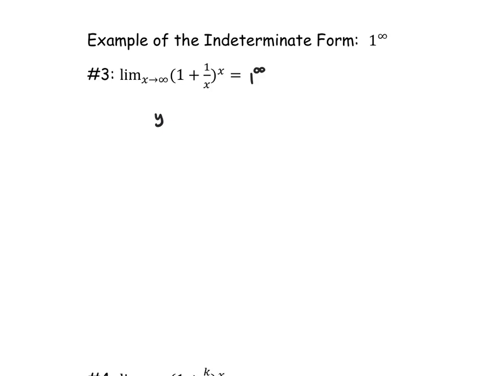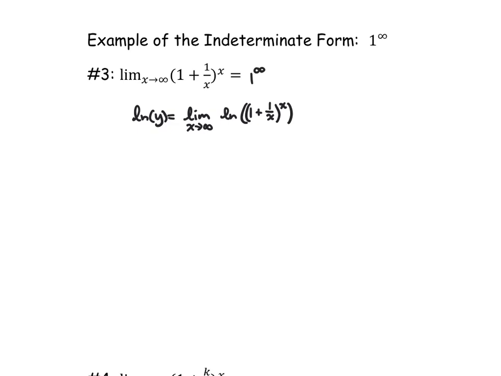Using similar methods, then y, actually the natural log of y, we'll just skip right to it, will equal the limit as x goes to infinity of the natural log of 1 plus 1 over x to the x power.